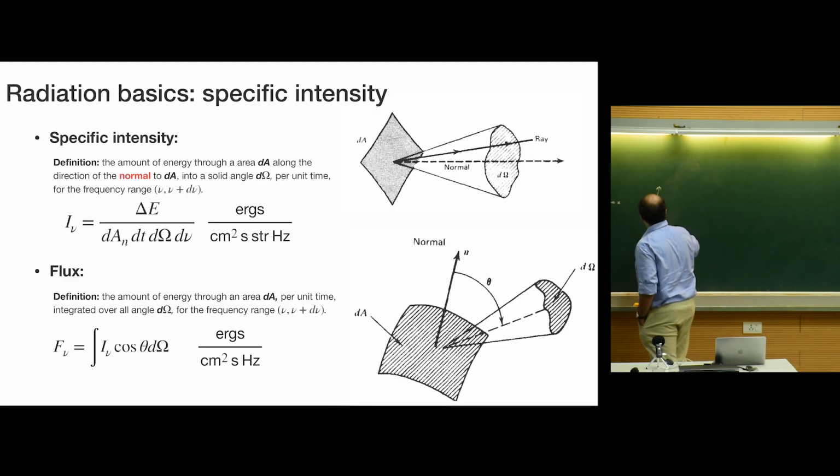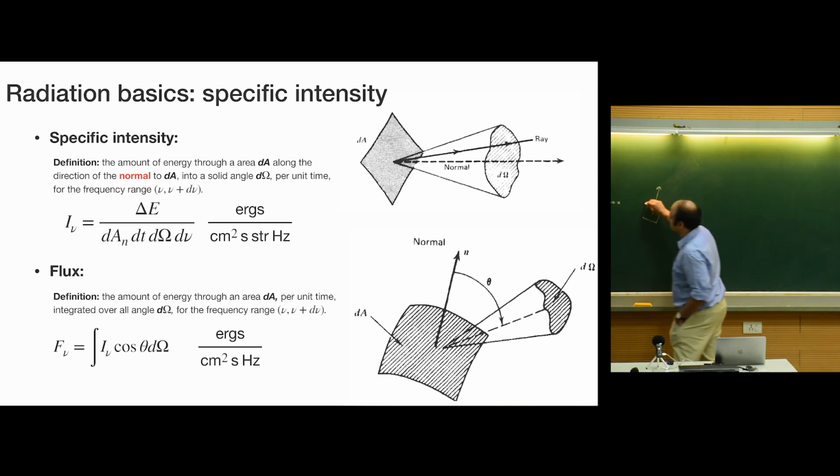So for any general area, for example this is the normal to this particular area, so the n over here. The solid angle d omega, as I have called it here as well, will be in this direction. So the solid angle can be anywhere. It can be over here as well, so the theta will change. Okay? So as I said, you have to reorient the area for calculating the intensity to be perpendicular to it.